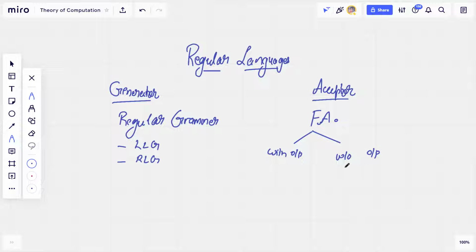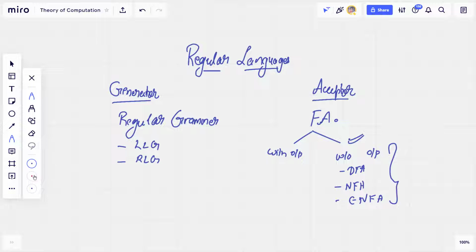So the finite automata without output will act as acceptors, which is DFA, NFA, and epsilon NFA. These classes of machines act as acceptors for regular languages, although they are all equivalent in power. So without loss of generality, I can say DFA acts as the acceptor of a regular language.